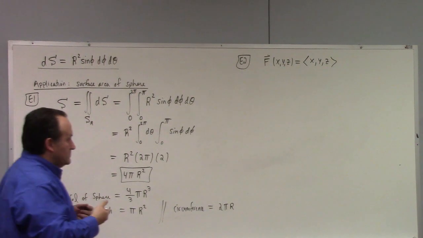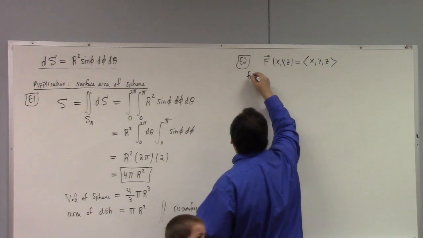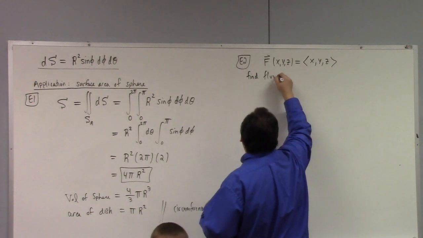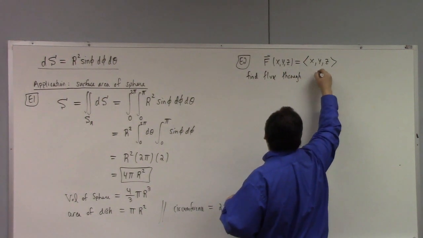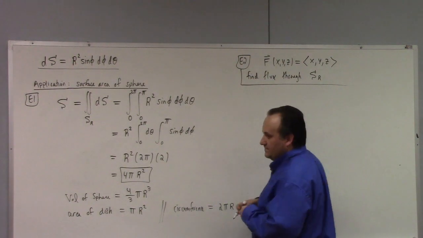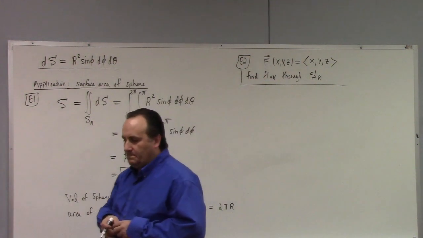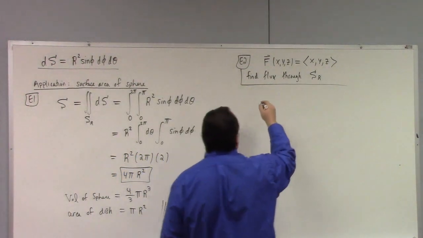And I want to find the flux through S_R, the sphere of radius R. So if we use the setup that I just have, we're supposed to do what?